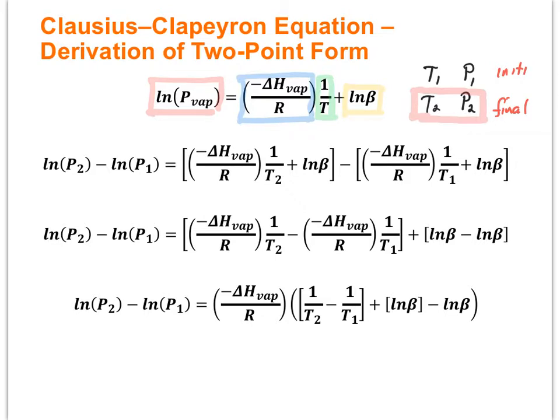So it's always final minus initial. That's why I go the natural log of pressure 2 minus the natural log of pressure 1 on the left side. So we subtract those 2.